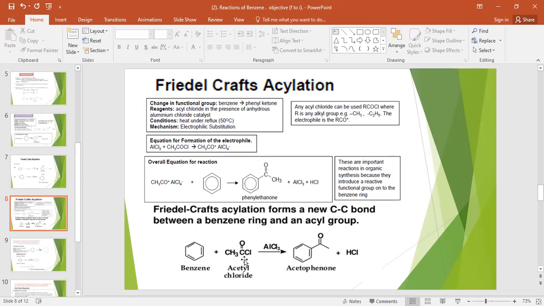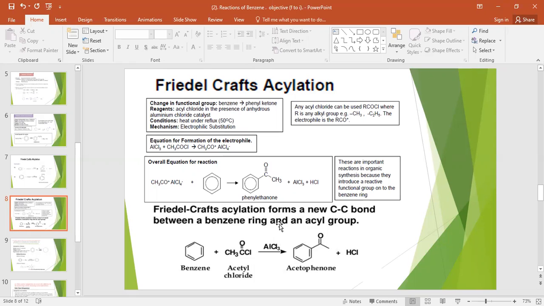And you will get more examples here. Acetyl chloride with benzene in the presence of AlCl3, you will get acetophenone. Acetophenone means this CH3C=O will attach with the phenyl group, and then you can write CH3 here.